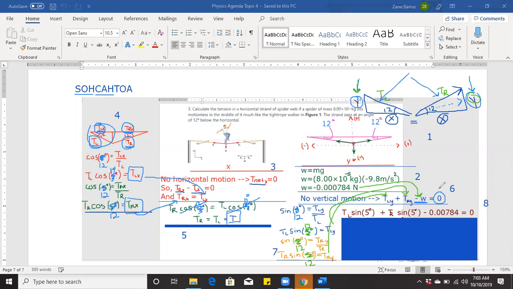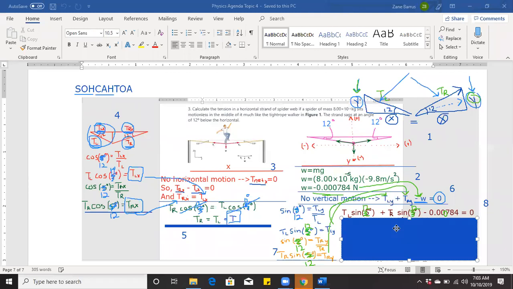And so we get this expression that says TL times the sine of, once again, 12 degrees, plus TR times the sine of 12 degrees, minus 0.00784, and I think that should be an extra 0. The sum of those three forces should equal 0.